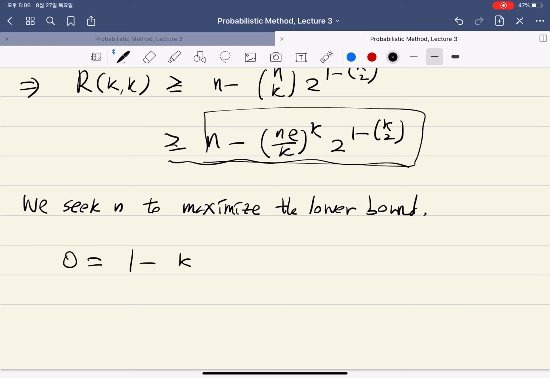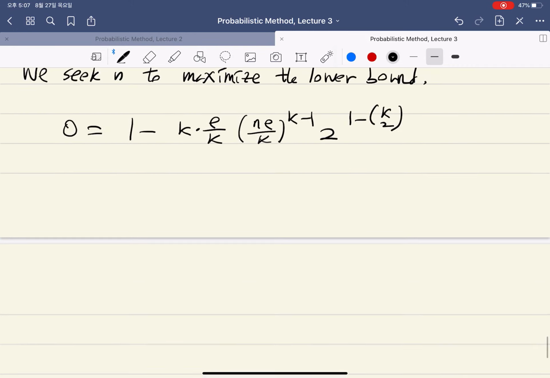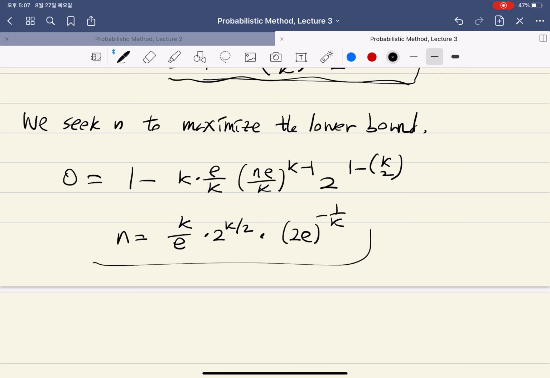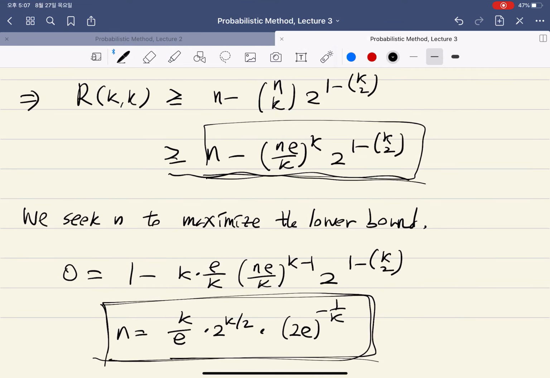Then, times e over k, you get this. And in order to make this happen, we want 2 to the k times... So this suggests that taking n to be this expression is a good choice.